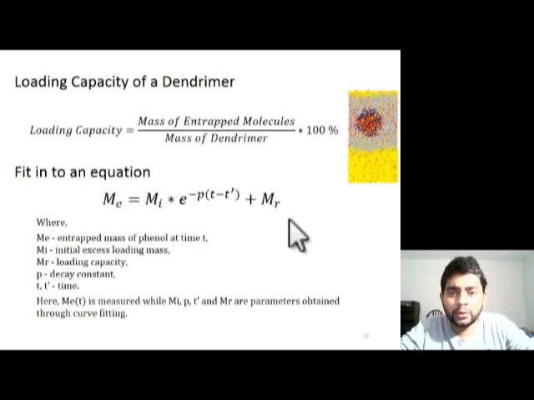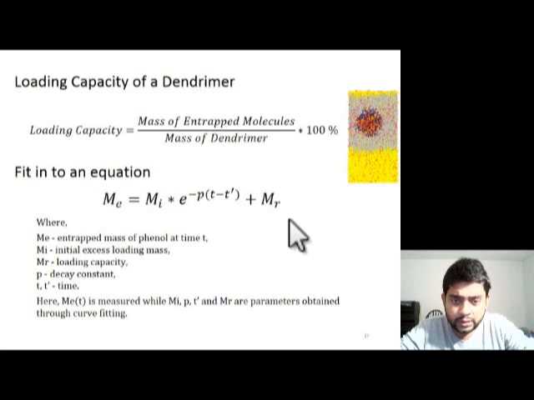And we plot the loading capacity of the dendrimer. This is the most important fact we try to find. Loading capacity means how much drug can be captured inside the dendrimer, as a ratio of the mass of the dendrimer, as a percentage.